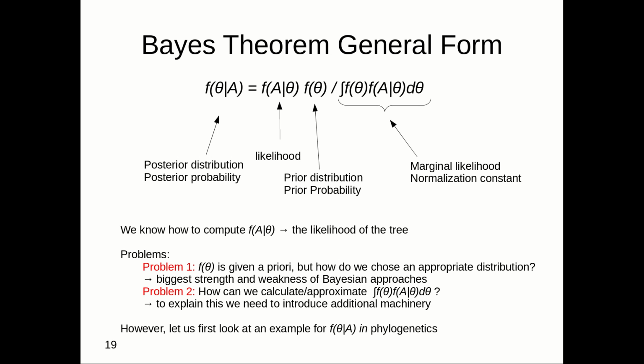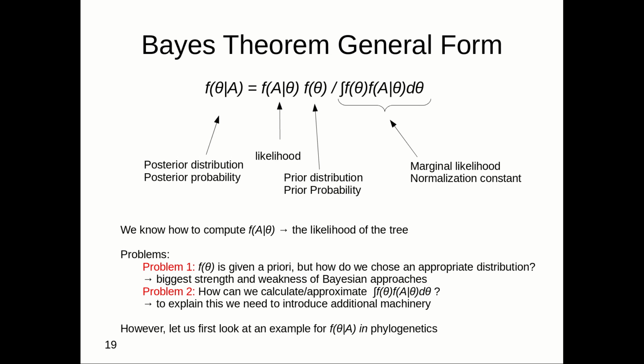So the prior distribution allows you to inject prior knowledge into the inference process, but if you get that wrong, it may actually impact the posterior probability distribution that you're trying to calculate.